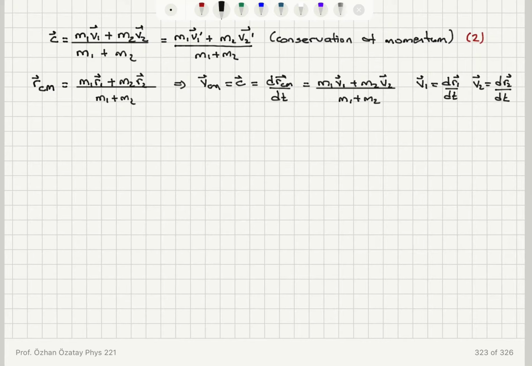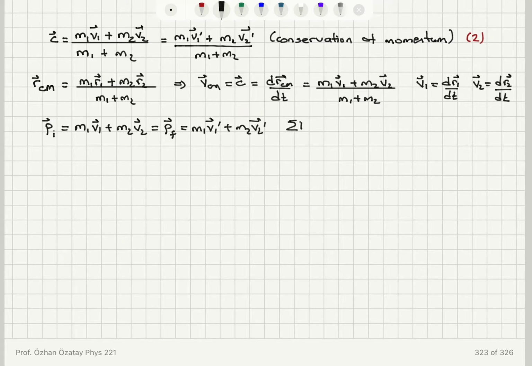The initial momentum of the system is m1 v1 plus m2 v2, which must be equal to the final momentum of the system, m1 v1 prime plus m2 v2 prime. Why should the momentum be conserved?